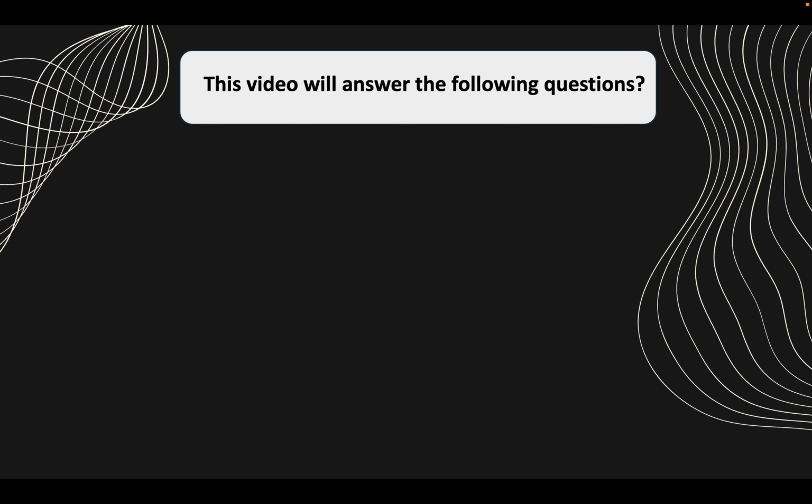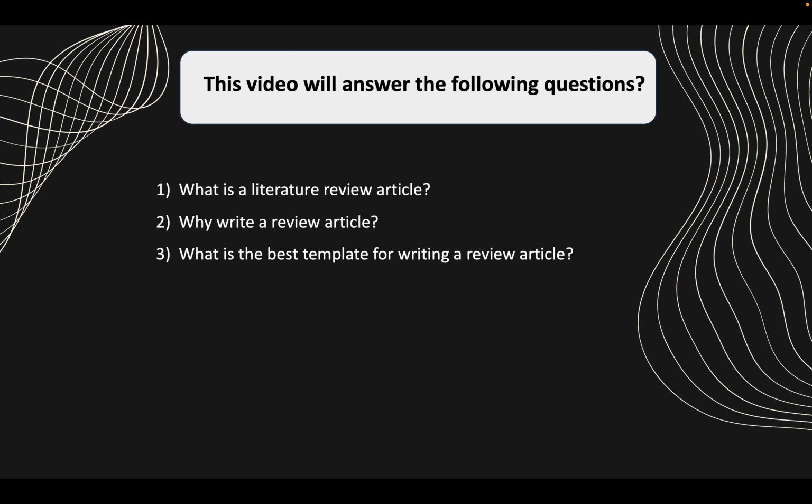This video will answer the following key issues. The first one, we try to discuss the definition of a literature review article. Then the reasons behind review articles. What are the justifications for writing a review article?